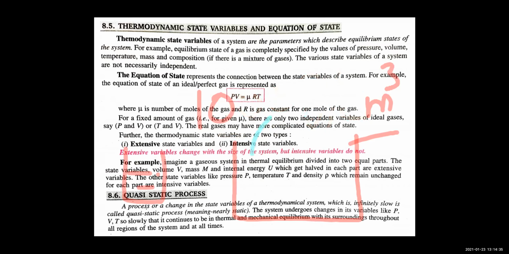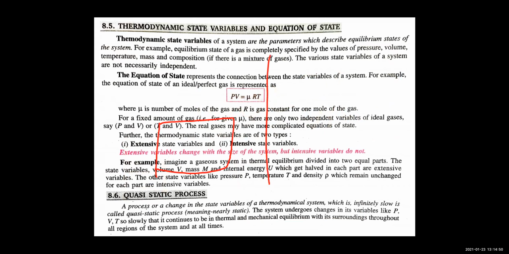Next, if we talk about refractive index, children. You have done refractive index, right? Suppose we talk about the refractive index of a glass. Whether you have a glass of this size or a glass of very big size, its refractive index is going to remain the same, right? It does not depend upon the size of the system.